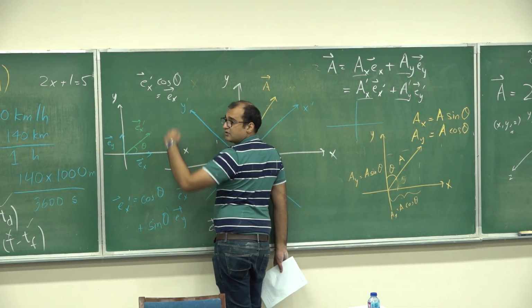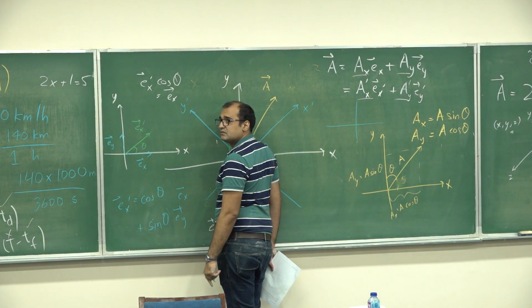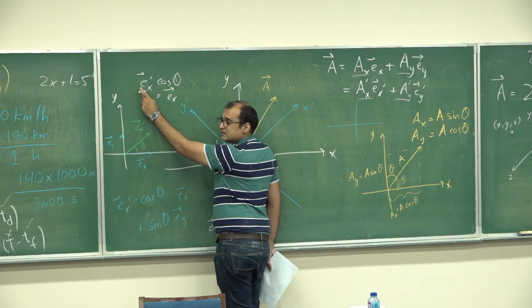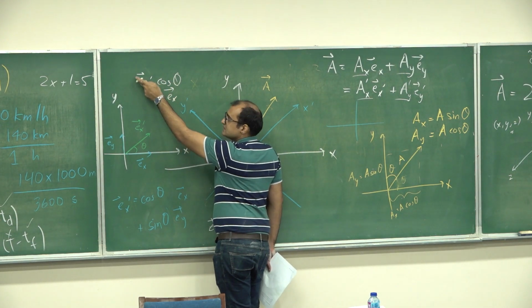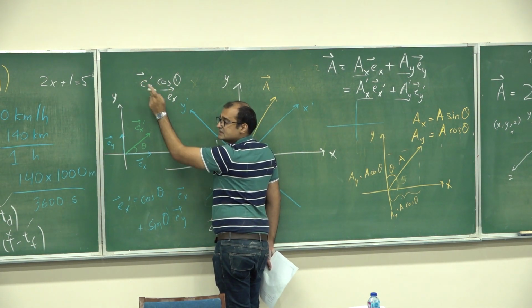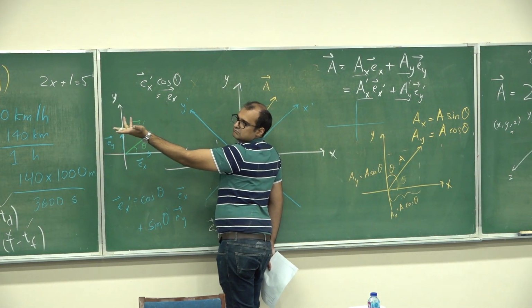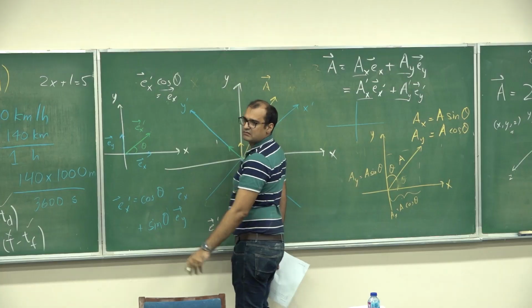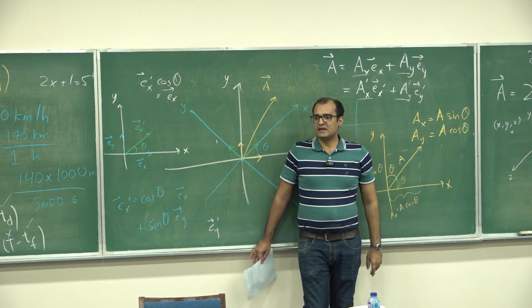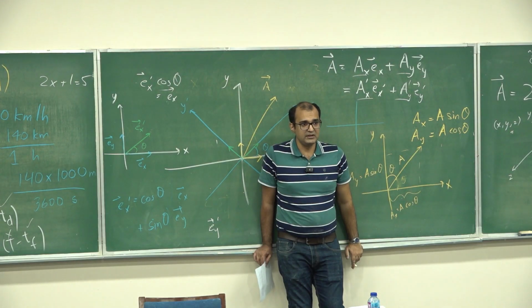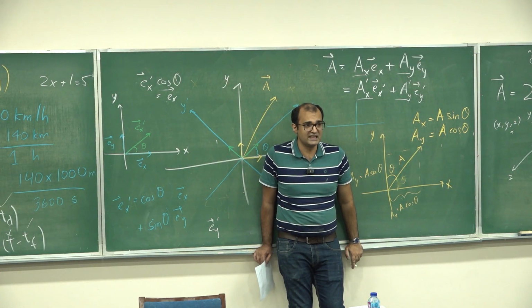The size of the vector on the left hand side is cos theta, because its size is 1 and this one is cos theta. So the size of this whole vector is cos theta. The size of the vector on the right hand side is 1. How can these be equal? If you have vector A equal to vector B, the sizes of both vectors should be equal. Otherwise they are not equal. And moreover, the direction should also be the same.